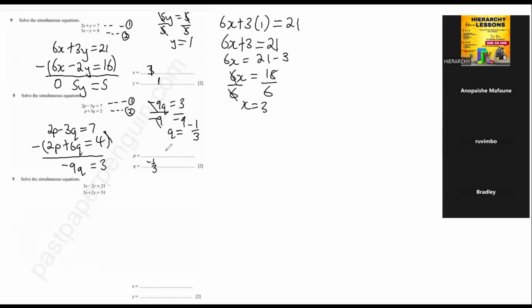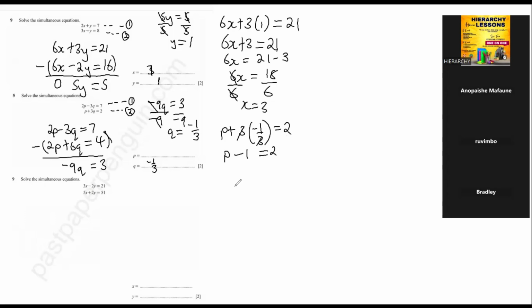How do you find p now? We substitute in one of the equations. Which equation? We can say p plus 3 multiplied by minus 1 over 3 is equal to 2. So the 3 and the 3 will cancel, so it's p minus 1 is equal to 2, right?